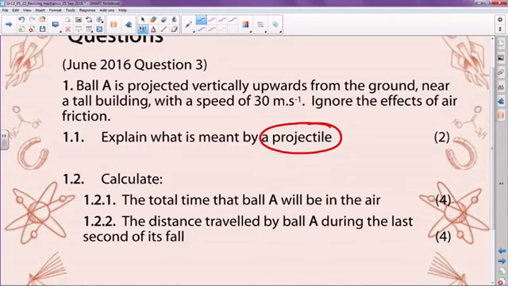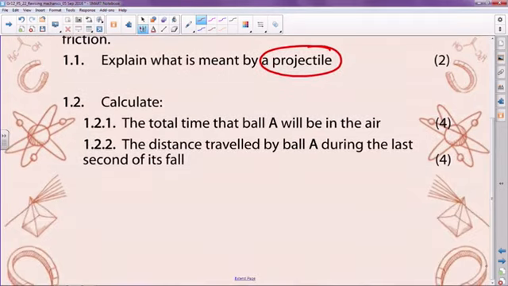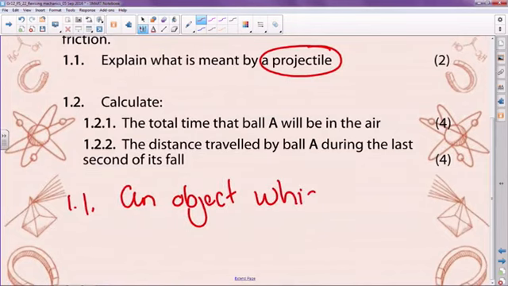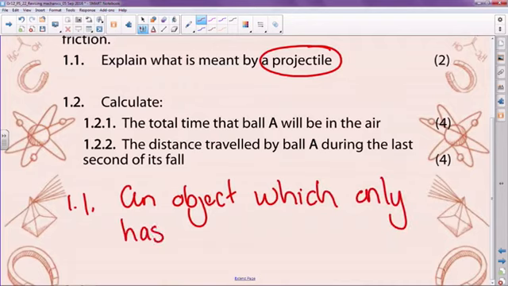Now, an object that's considered to be a projectile, so when we look at question 1.1, a projectile is simply an object, and it can be anything, which only has the force of gravity acting on it.